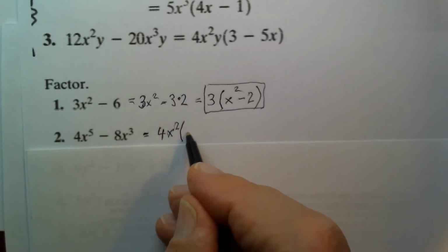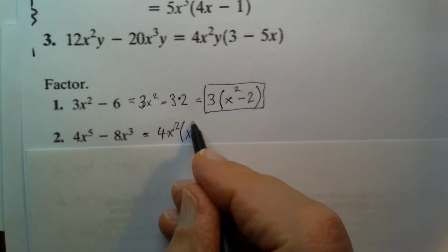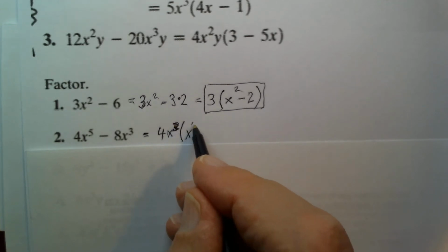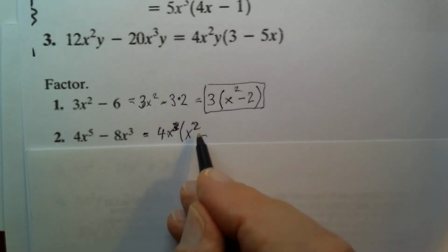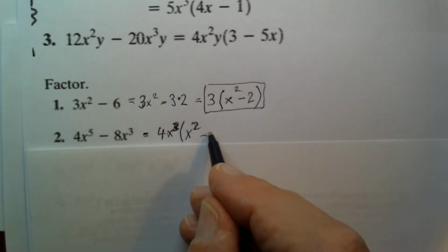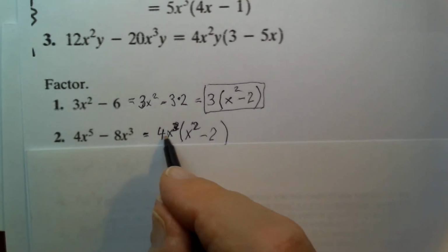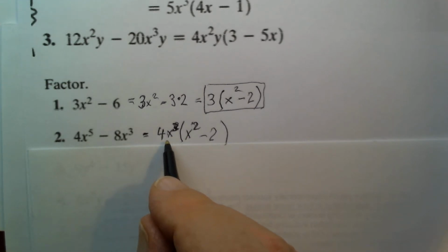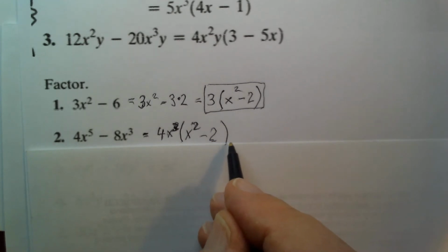And that means we have an x squared left over here, and a negative 2. Because 4x to the third times x squared is 4x to the fifth. And 4x to the third times minus 2 is minus 8x to the third.